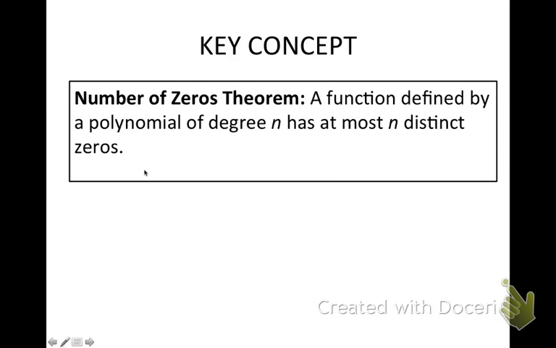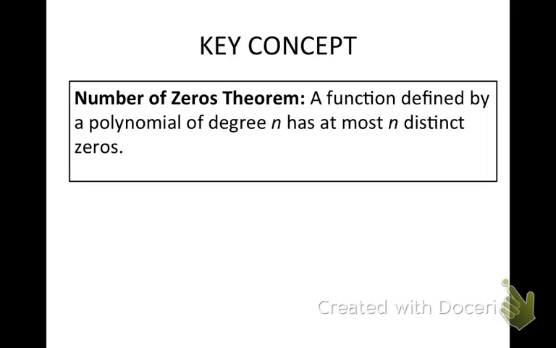We've kind of already been talking about this, the number of zeros. So if your polynomial has degree n, then it has at most n distinct zeros. Remember I've been saying if it was a cubic polynomial, then you should end up with 3 linear factors, 3 zeros. If it's a quartic polynomial, then you should end up with 4 zeros.